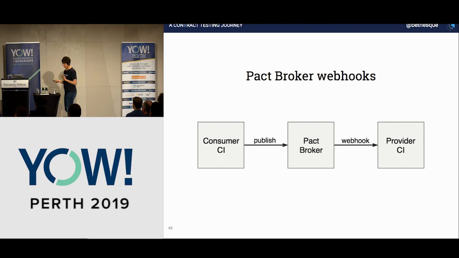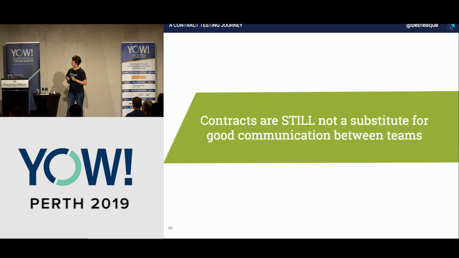Now, the first problem was pretty easy to solve. We added in this concept of webhooks to the Pact broker so that when the contract changed, you could kick off a downstream build. When it comes to the problem of the contracts not being a good solution for communication, we did nothing. Because it turns out that contracts are still not a good substitute for good communication between teams.